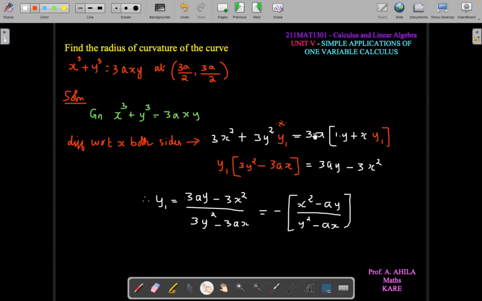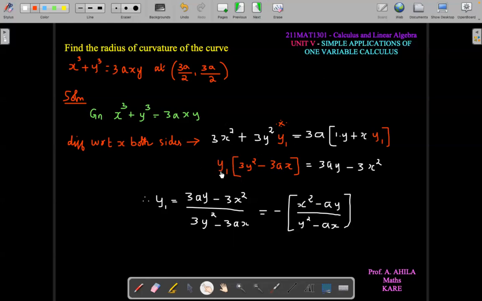The right hand side 3a is a constant. So for xy we use uv. So u dash v, u dash, x with respect to x is 1. Y we keep as it is, plus then u as it is. So x, y when we differentiate with respect to x, dy by dx, which is y1. So remember these points, okay?